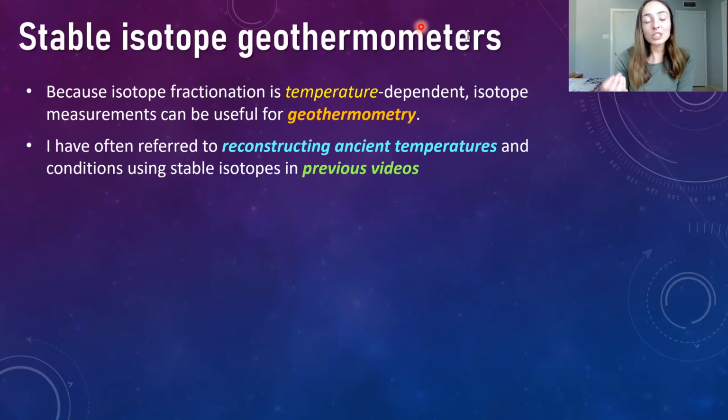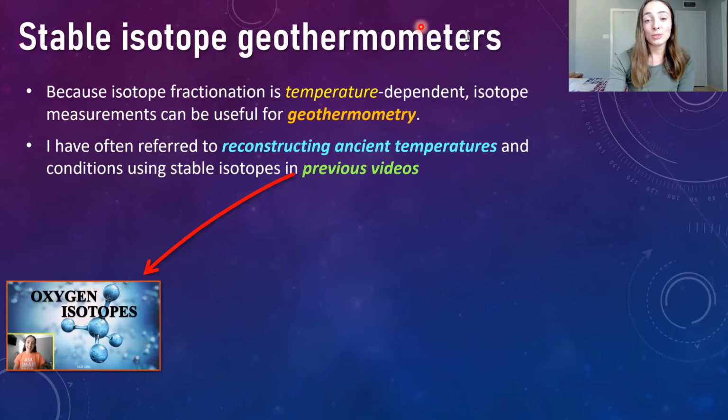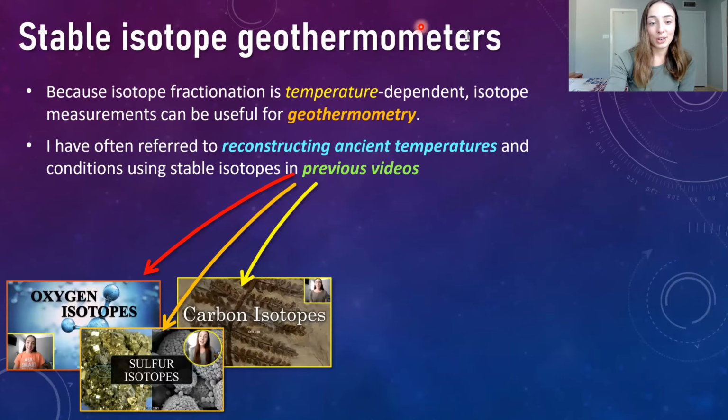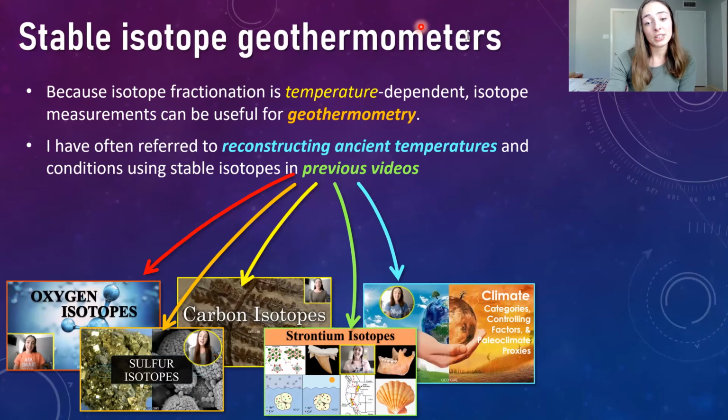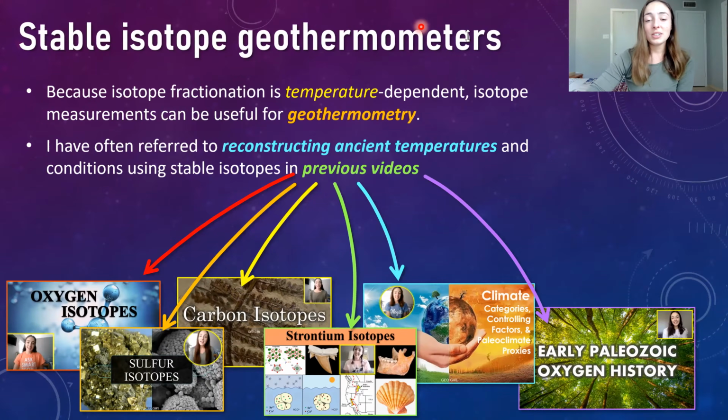processes. But let me just clarify here that I've often referred to reconstructing ancient temperatures using stable isotopes in previous videos, such as the oxygen isotopes video, the sulfur isotopes video, the carbon isotopes video, the strontium isotopes video, the climate video, as well as my oxygen and oxidation event videos.